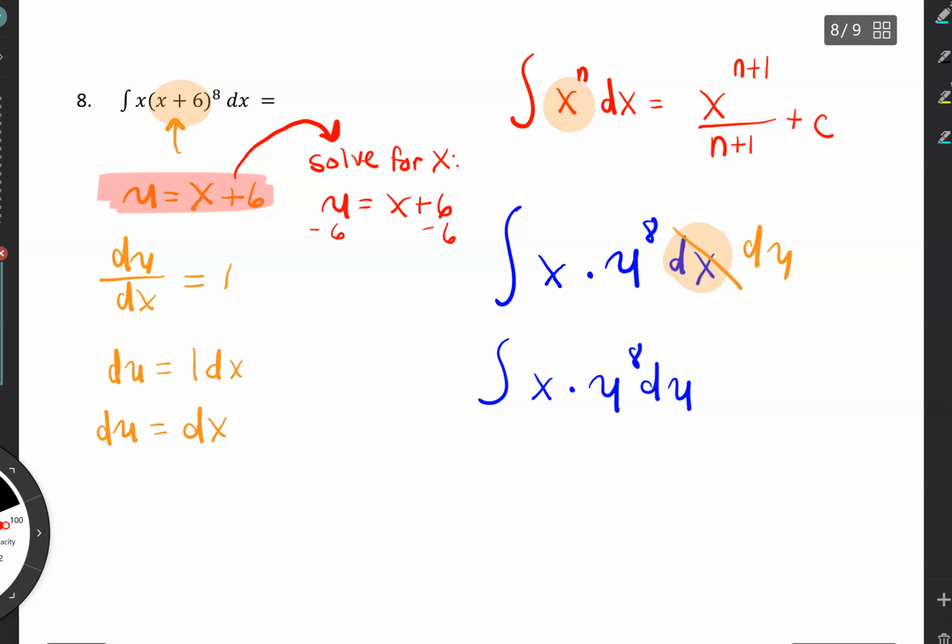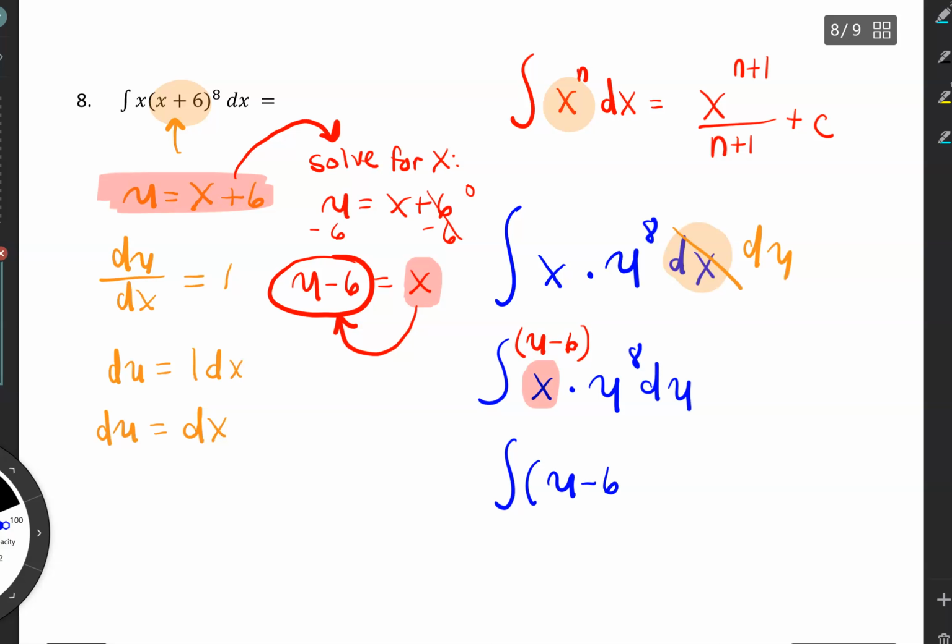Subtract the 6 on both sides. So anywhere I see an x, I can replace it with this binomial. So over here where I see an x, I'm going to replace it with a binomial u minus 6. Okay, so let me go ahead and do that. I'm going to have u minus 6, u to the 8th, du.